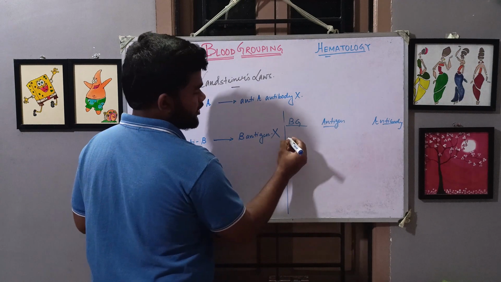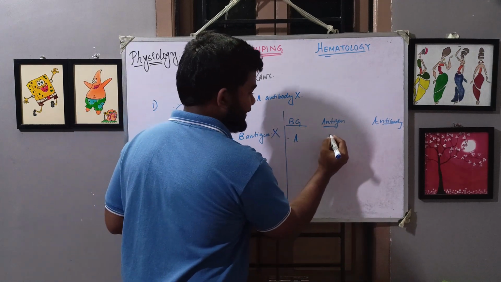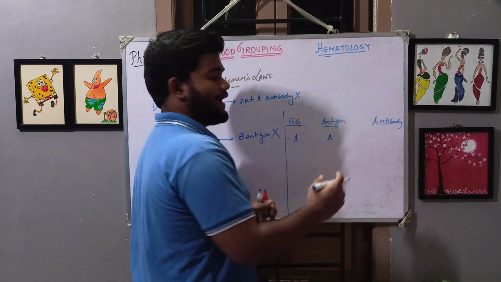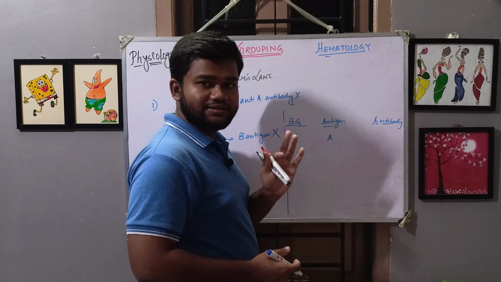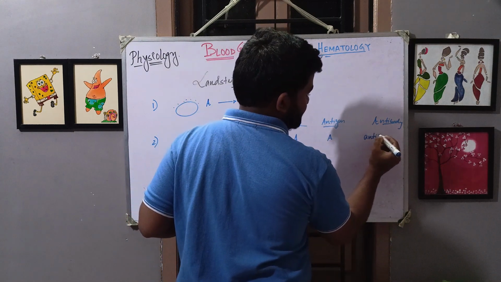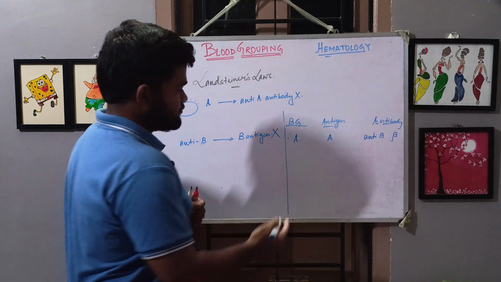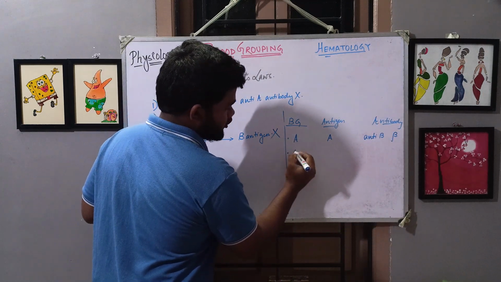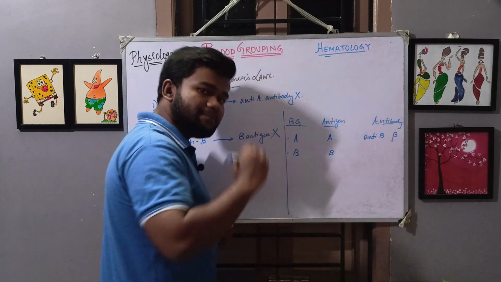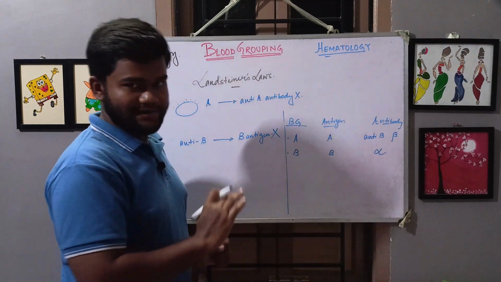For blood group A, the person will have the antigen A, and in the antibody column we will write that it has the anti-B antibody, or simply the beta antibody, in the plasma. If the person has blood group B, then the antigen present will be B and the antibody present will be the alpha antibody, or the anti-A antibody.